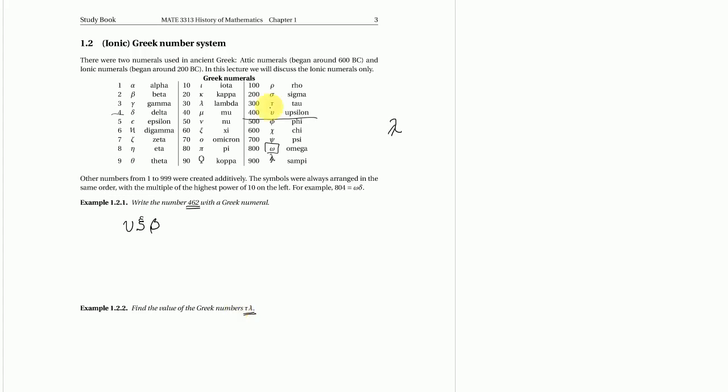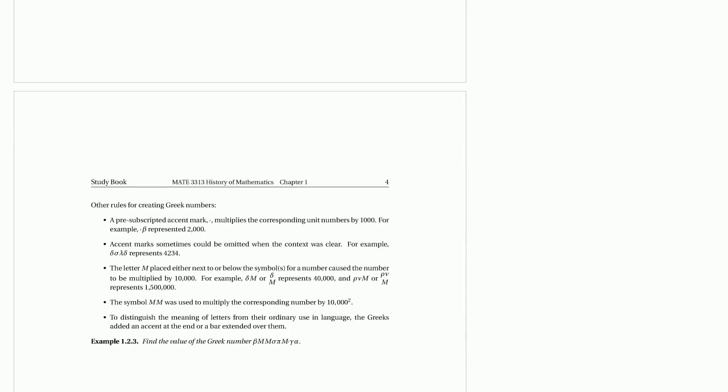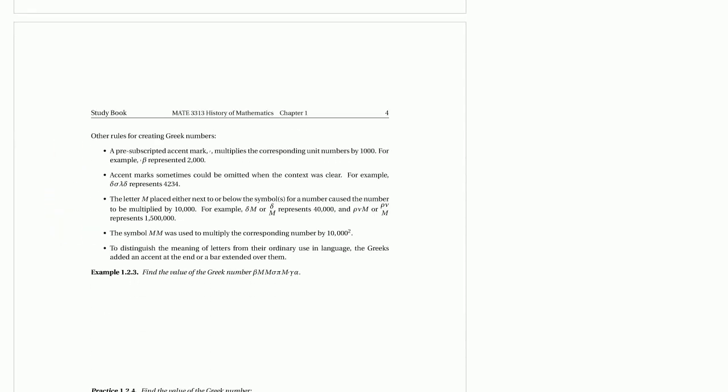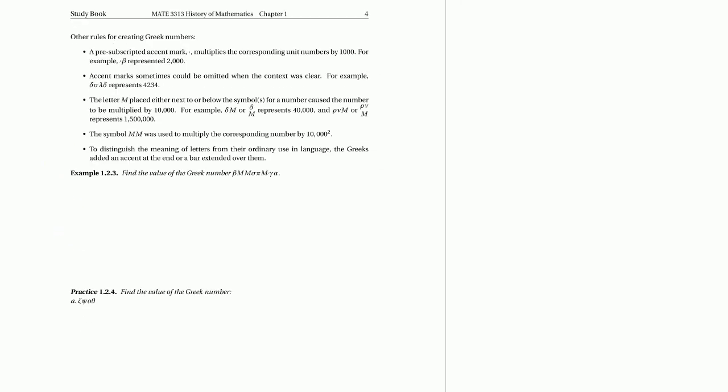So what is tau? It's the same as 300. And lambda here is 30, right? So that should be 313. Okay? So just to make any number using these notations, you can ask each other, right? With your classmates or with your kids, right? It's going to be a simple way to translate.